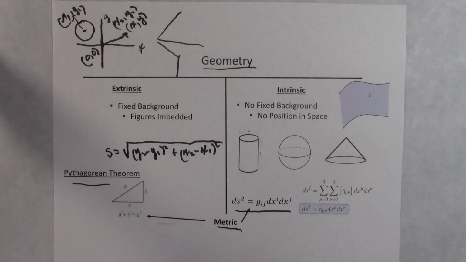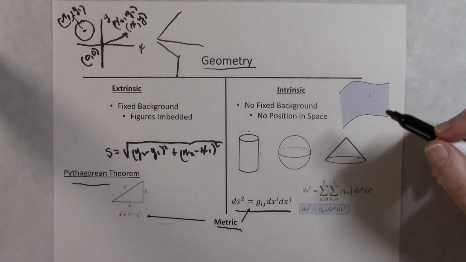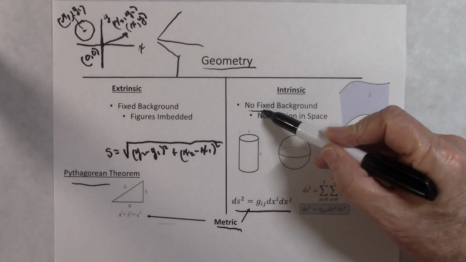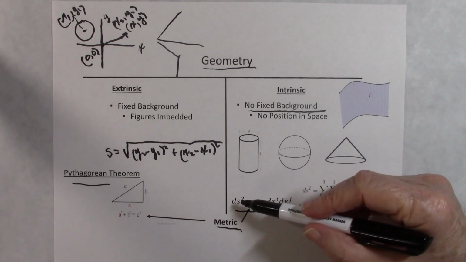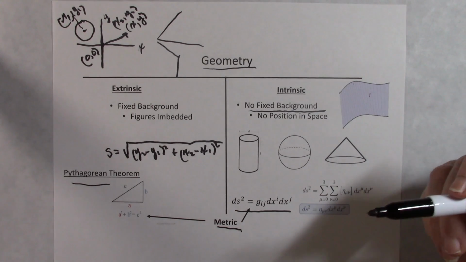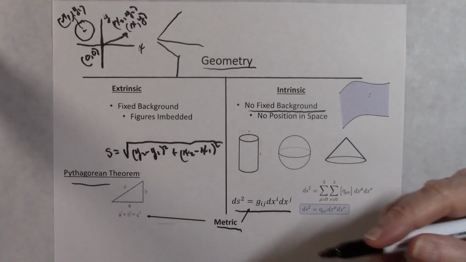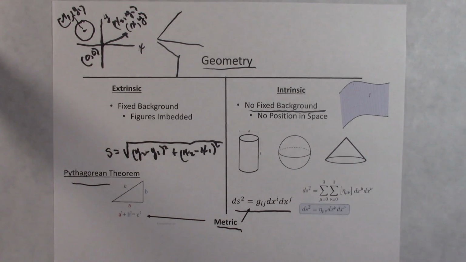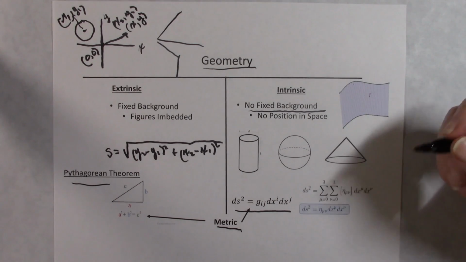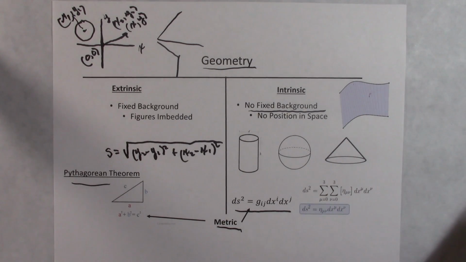Well, how does an intrinsic geometry differ from an extrinsic geometry? Well, for one thing, there's no fixed background. The metric in intrinsic geometries plays a dual role. Not only does it tell us how to measure distance in an intrinsic space, it tells us the geometry of the space.